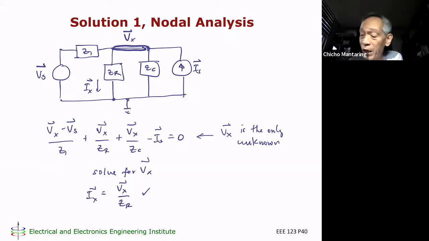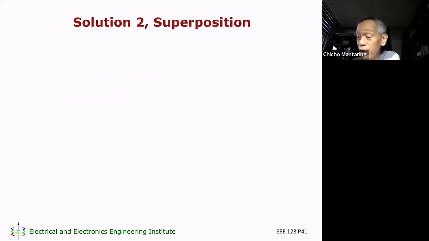So you have two independent sources here, Vs and Is. So una, Vs acting by itself, so open circuit to. Pangalawa, Is acting by itself, so short circuit ito. Each time computing for Ix. So after doing that, then you just get the total Ix. So you can do that using superposition.